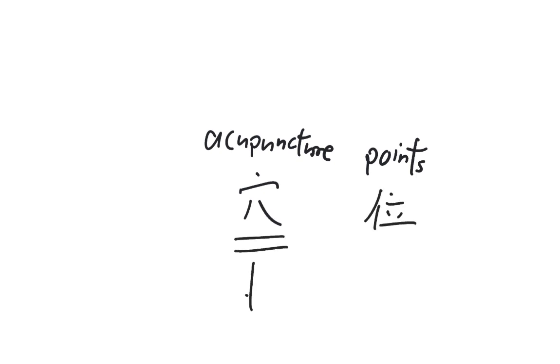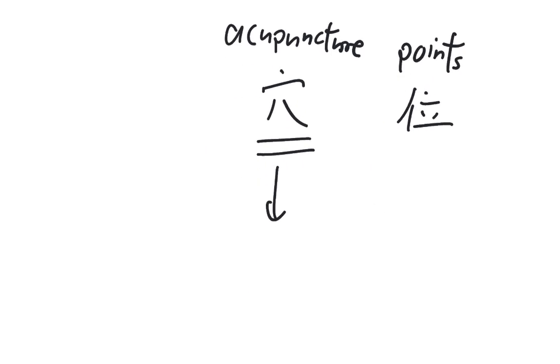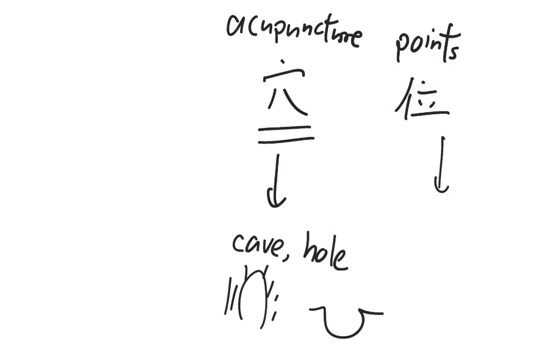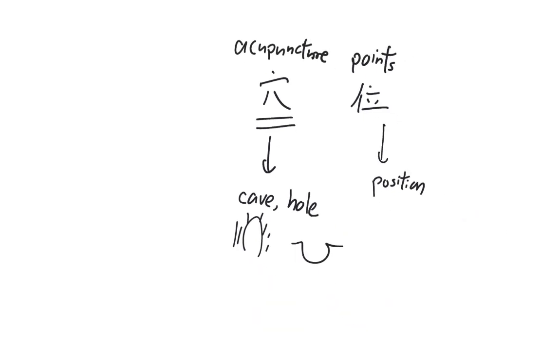The first part here, this character means a cave or a hole, and this character means position. Together, they mean the position of a cave or hole. If you put your finger on your own skin now, and as you're gliding down, if you feel a dent, that is probably where an acupuncture point is located by definition.